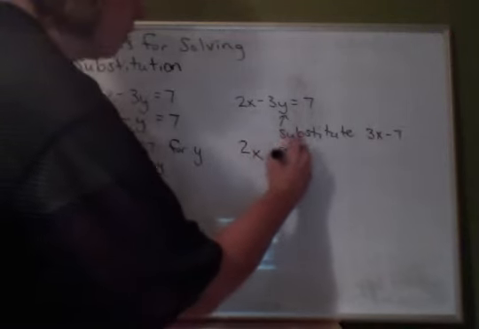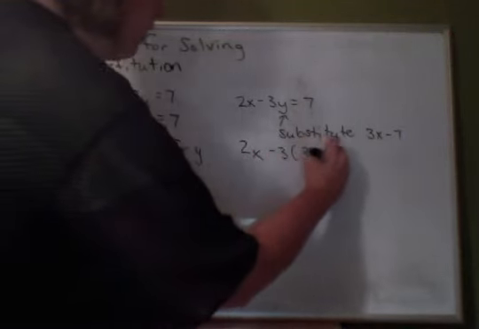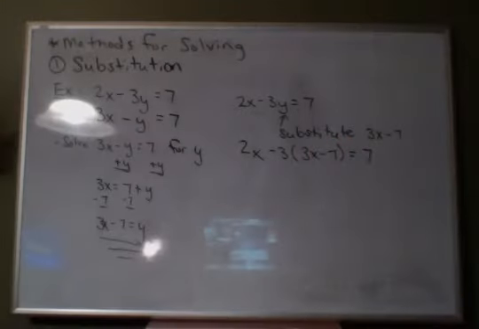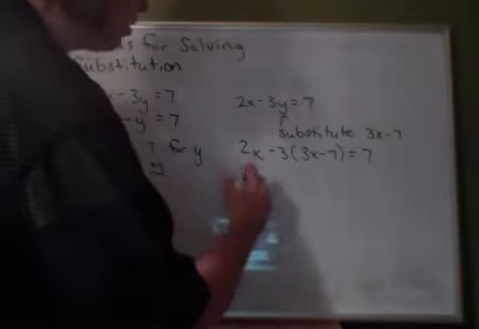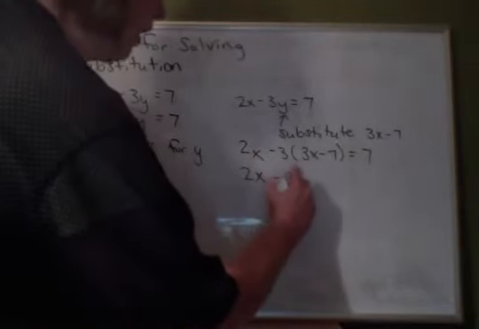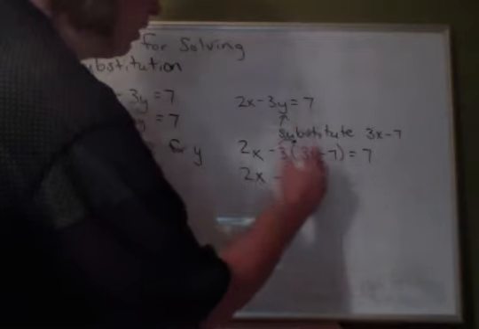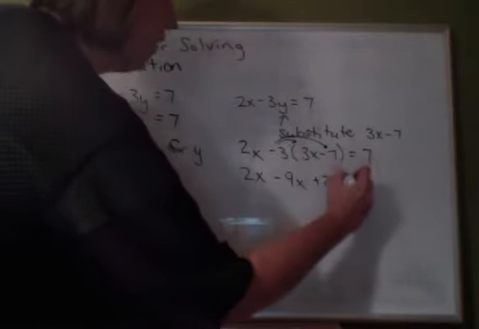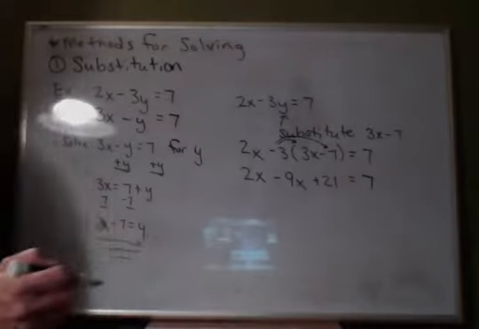2x minus 3 times (3x minus 7) equals 7. And now this becomes a pretty straightforward linear equation like we solved in the last section. So let's proceed with that. So 2x minus 9x as I distribute here, and then plus 21 as I distribute negative 3 and negative 7 equals 7.